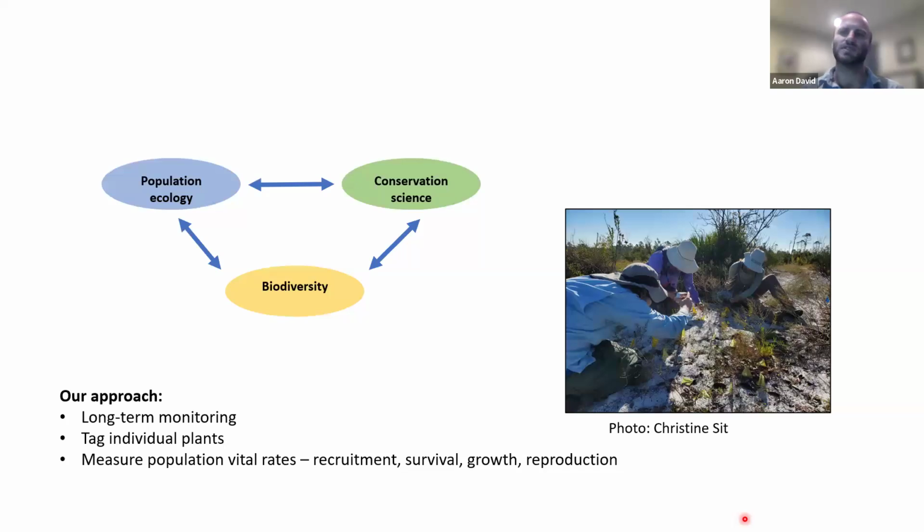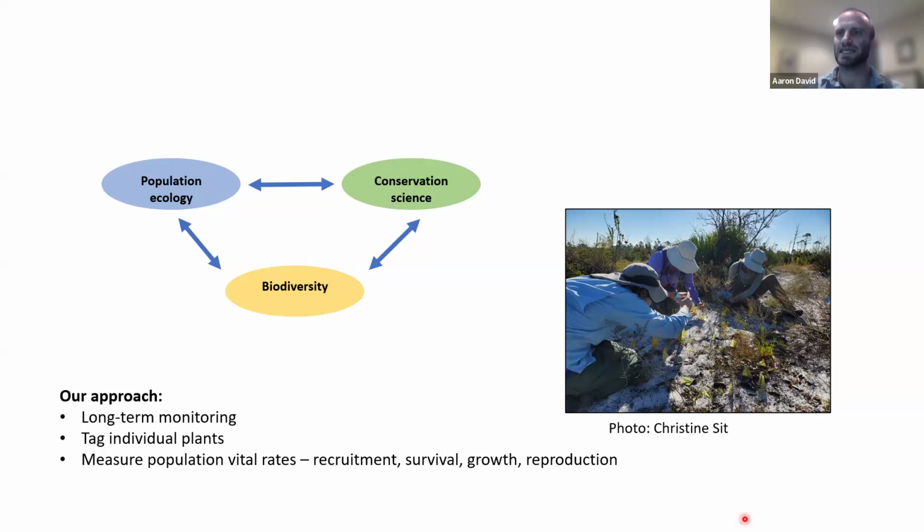So one of the key approaches that we take is this long-term monitoring approach, what's referred to as demographic monitoring, or just plant demography. So the key here is that we will tag individual plants and then follow them throughout the life cycle. This allows us to measure what are known as population vital rates. These are the kind of indicators of how well the species is doing.